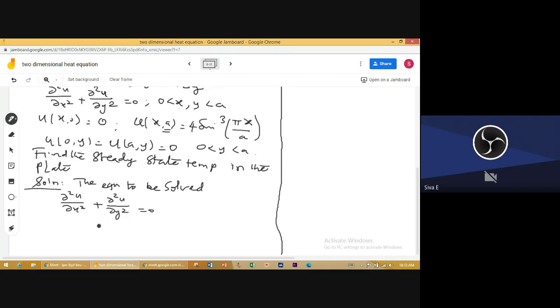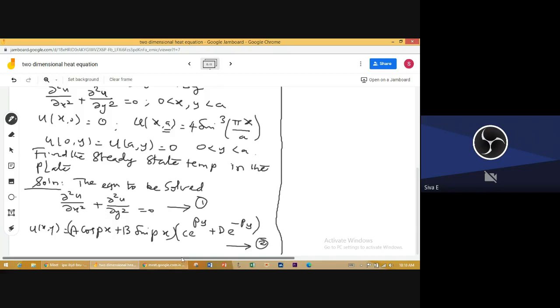A non-zero boundary condition is f(x). Then the sine and cosine terms are contained in the solution. So what is the suitable solution? u(x, y) = (A cos px + B sin px)(C e^(py) + D e^(-py)). This is equation number 1.